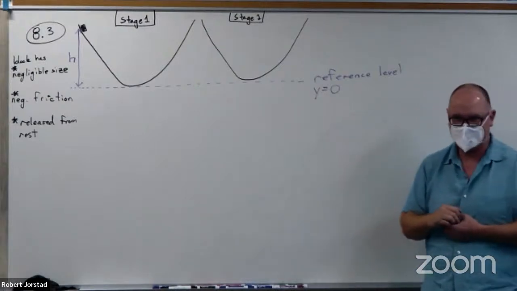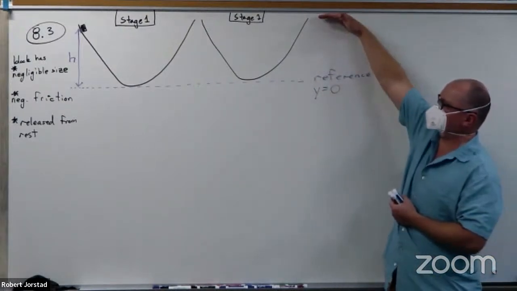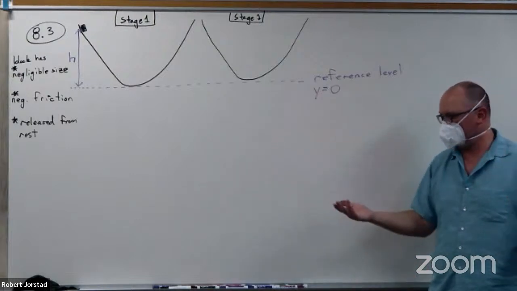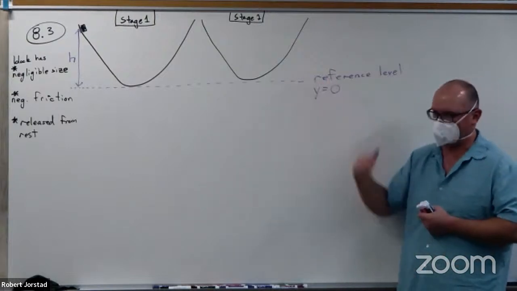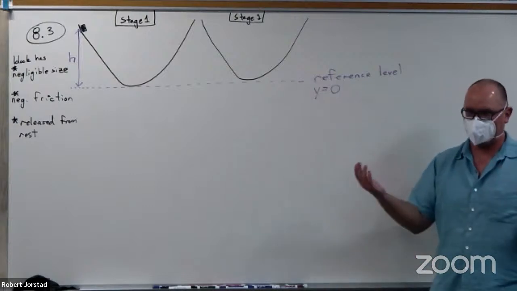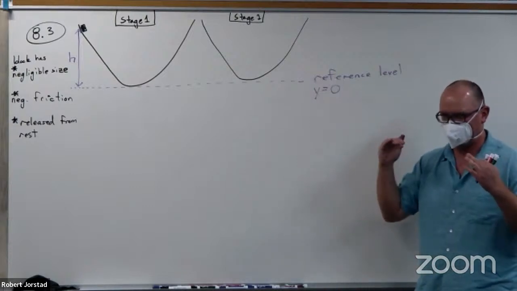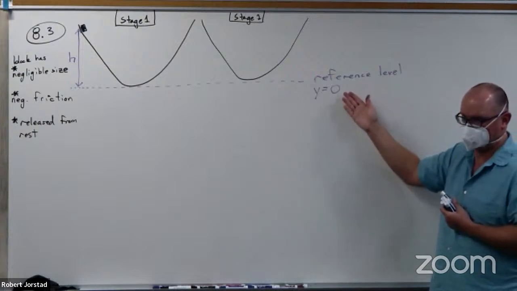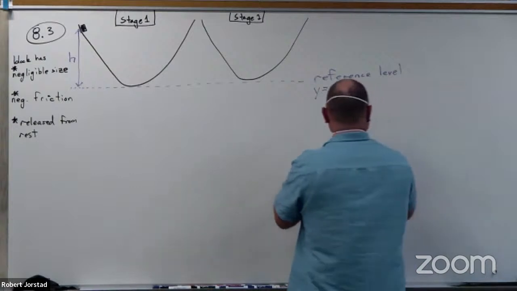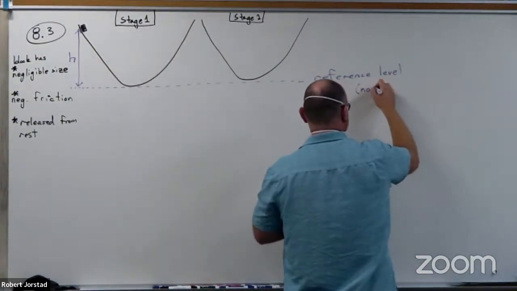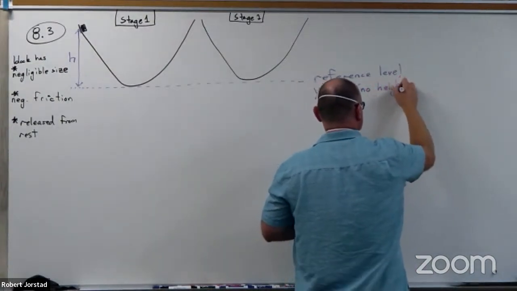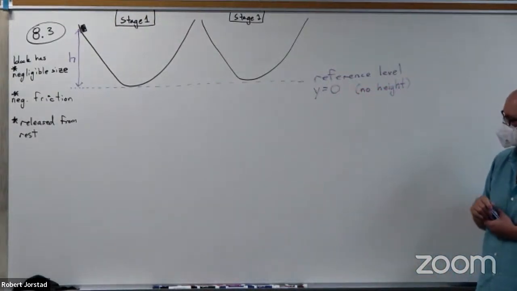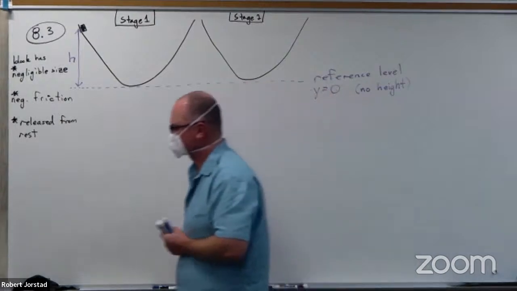Got it? I could have chosen the top as 0, the bottom as 0. I could have chosen down here as 0. For most problems, it makes sense to choose the bottom of the problem as the 0 reference level. What do I mean by that? 0 height. So we're picking some point in the problem that has no height. And it's convenient to do that at the bottom. All right.